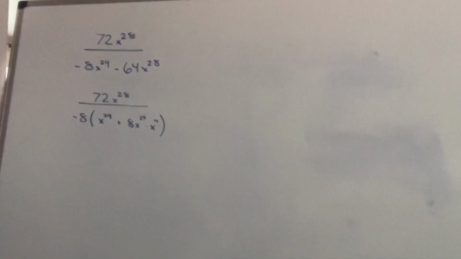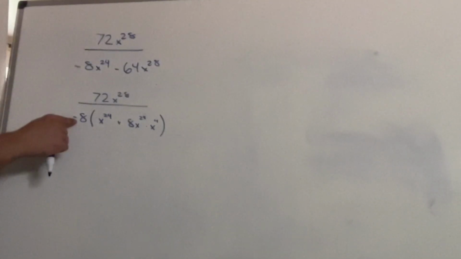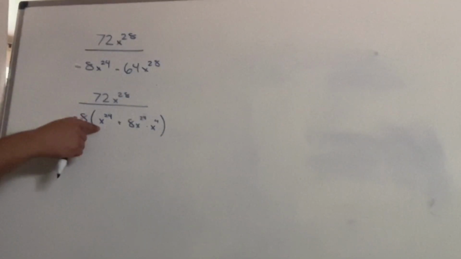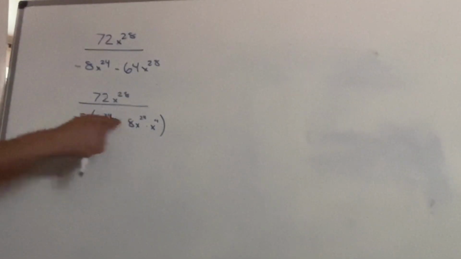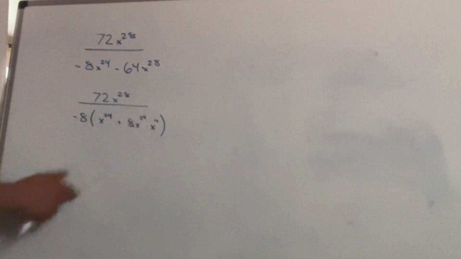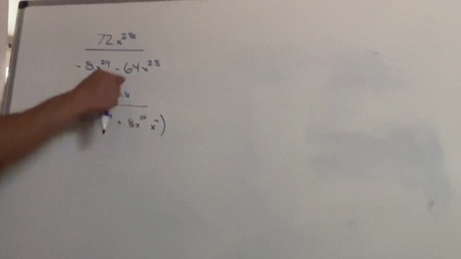Right? So, 72x to the 28, same thing. If I distribute this negative 8, it becomes negative 8x to the 24 minus 64x to the 24 times x to the 4th, right? Because x to the 4th times x to the 24th is x to the 28th, which is right here.